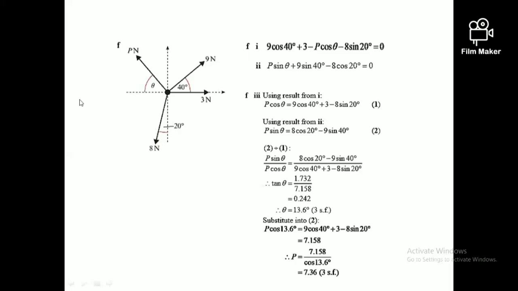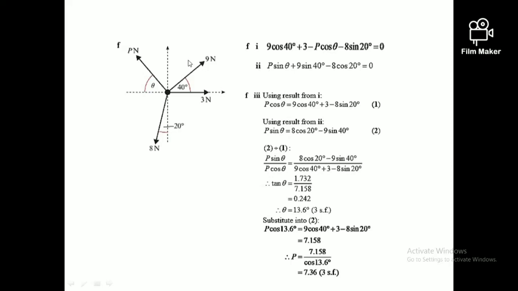Then if you consider the horizontal forces, 9 cos 40 plus 3 minus P cos theta minus 8 sin 20 equals 0. With that, you can obtain P cos theta equals 9 cos 40 plus 3 minus 8 sin 20.